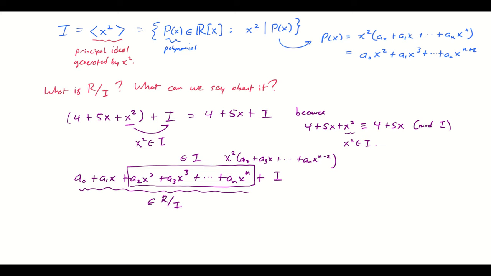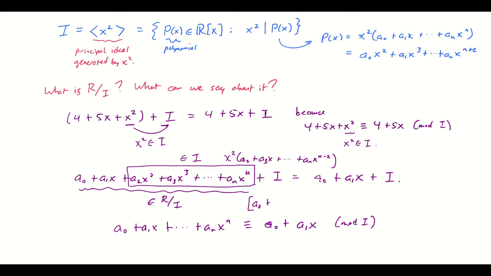All of that is a multiple of x squared, and therefore everything in the box belongs to I. Therefore I can say that this whole polynomial, a0 plus a1x plus etc. up to an x to the n, is actually congruent to a0 plus a1x, full stop, mod I. That means that this coset, this element of R[x] mod I, is really the same element as a0 plus a1x plus I. If we're talking in terms of congruence classes, this polynomial's congruence class is really the same as this polynomial's congruence class.